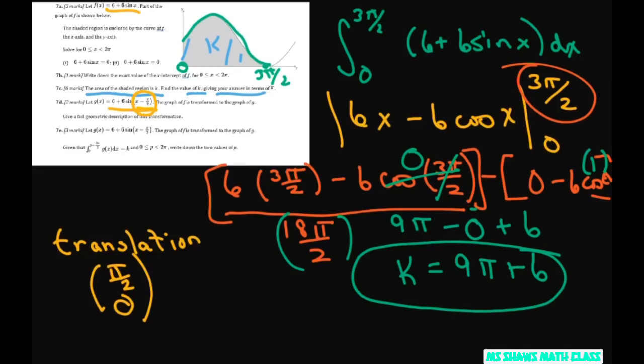Now for the final part, it said let g of x equal this new transformed equation. The graph of f is transformed to the graph of g, given that, let's write it on here, the integral from p to p plus 3 pi divided by 2 of g of x dx equals k.